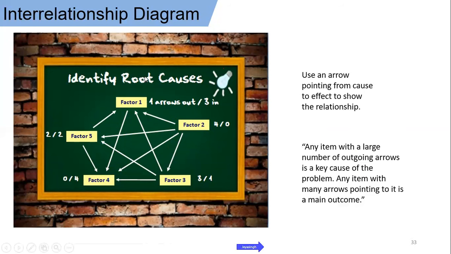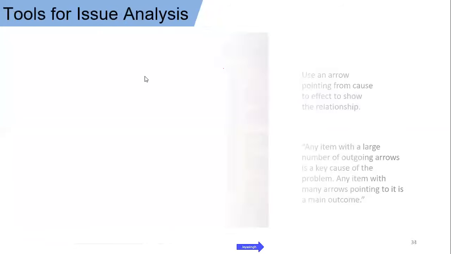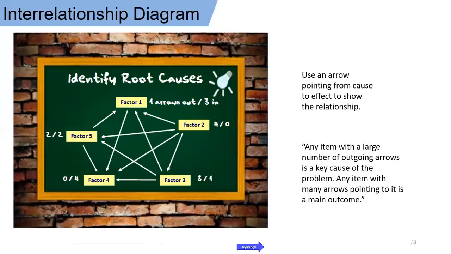And so this is the interrelationship diagram, which really helps in figuring out what's the root cause. So if you have ever heard the word root cause and you now want to use the root cause, I would encourage you to use the interrelationship diagram as a tool to figure out the root cause in any particular problem. Why this is important is that when you undertake an analytics project, you want to be sure that you're working on the root cause.